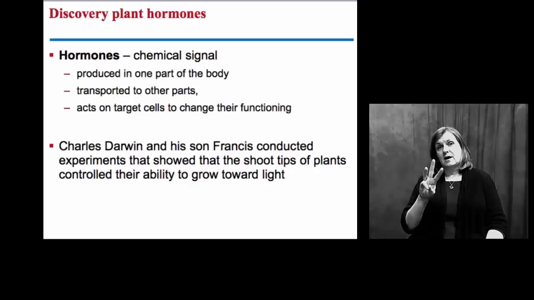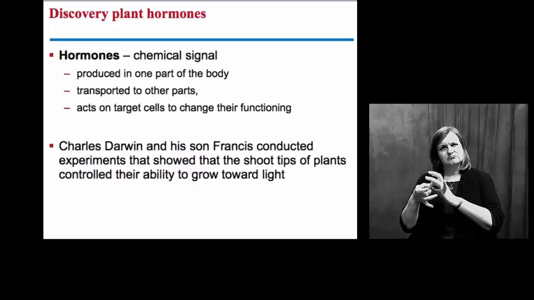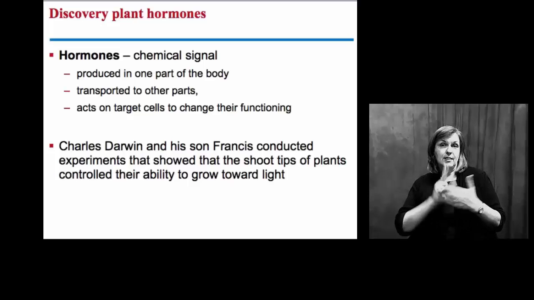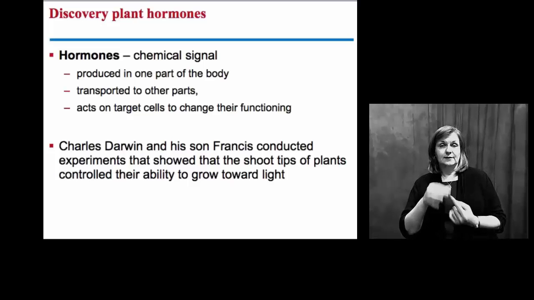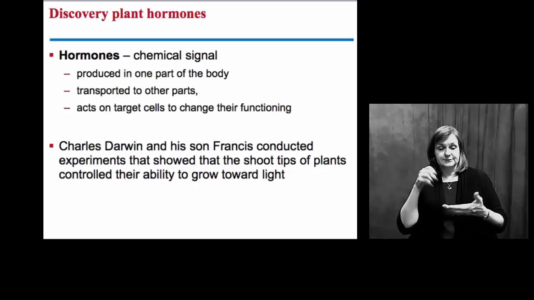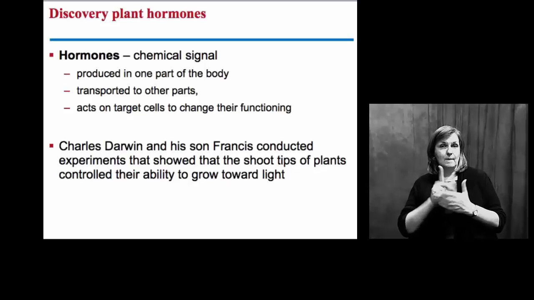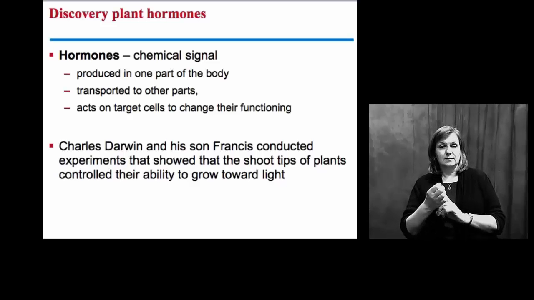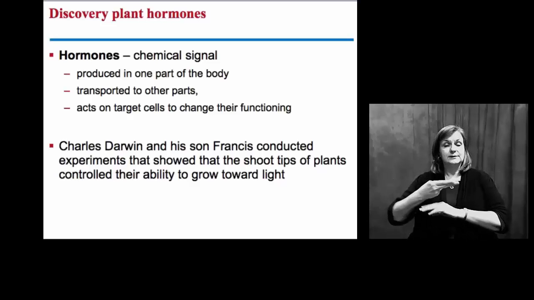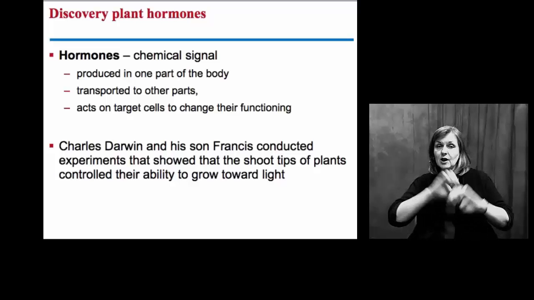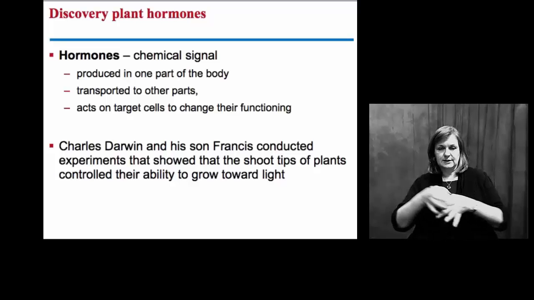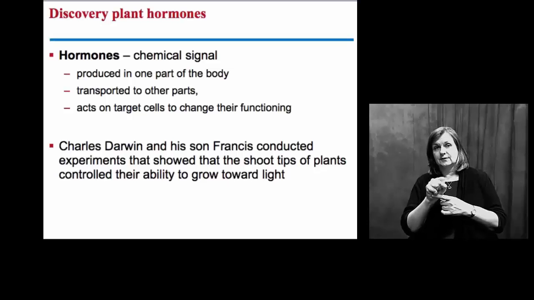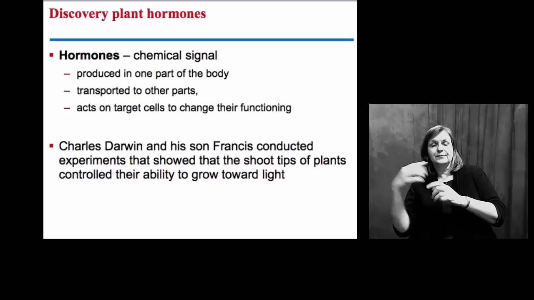Darwin, who we often just associate with evolution, spent many years studying plants, and in particular spent a lot of time studying how plants move in response to their environment. With his son, he conducted lots of experiments actually looking at plant roots and shoots and how they were able to grow towards the light.